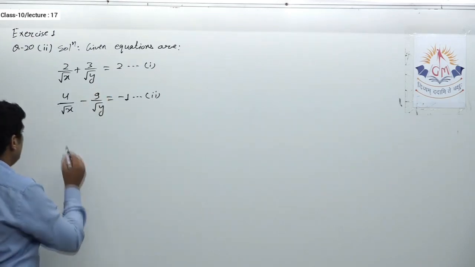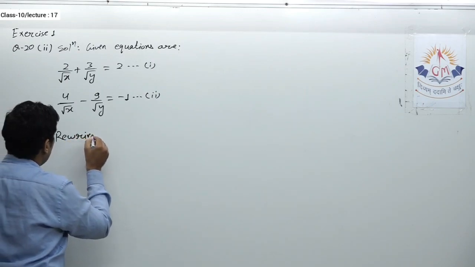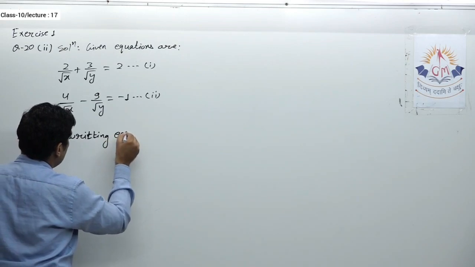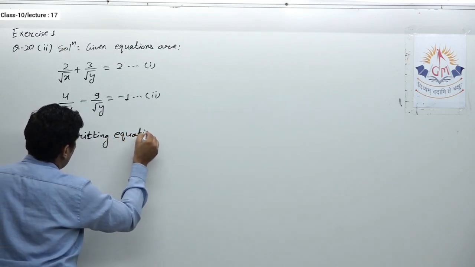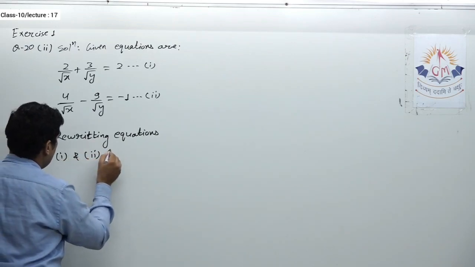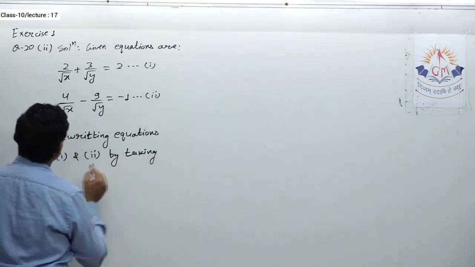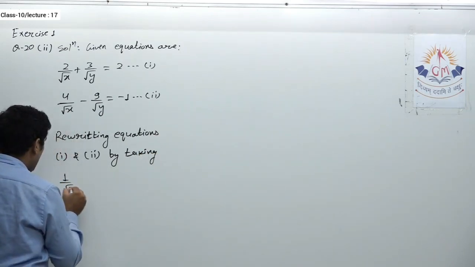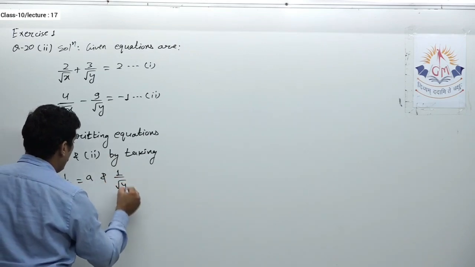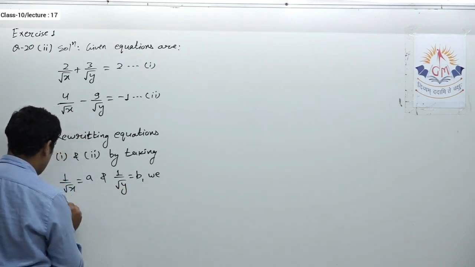So, rewriting equations first and second by taking 1 upon root x equal to a and 1 upon root y equal to b, we get.